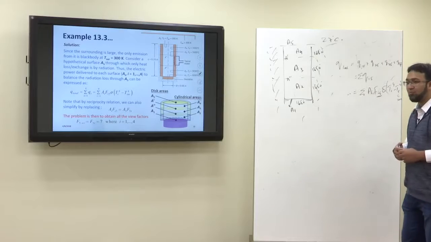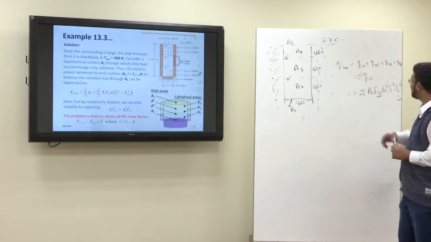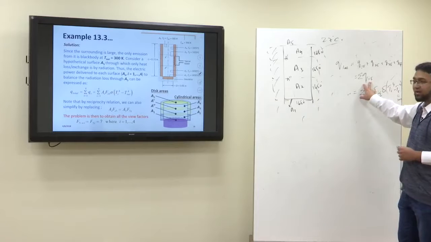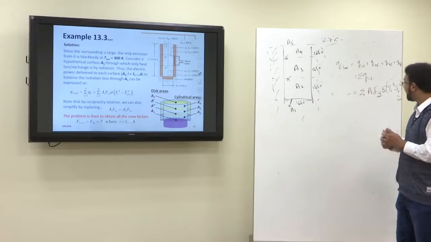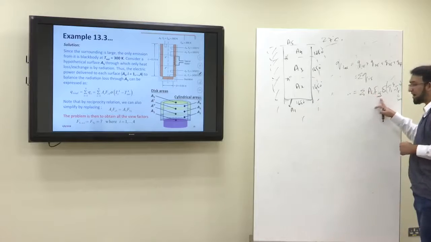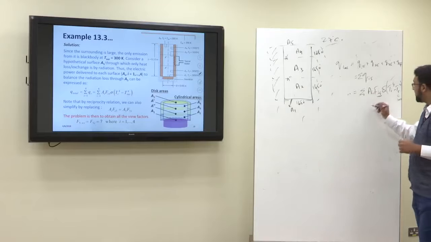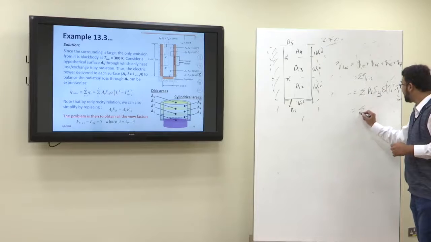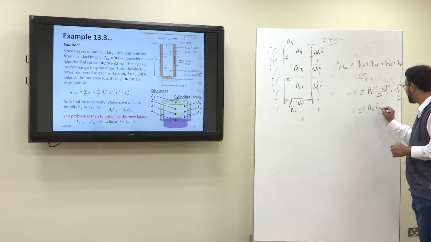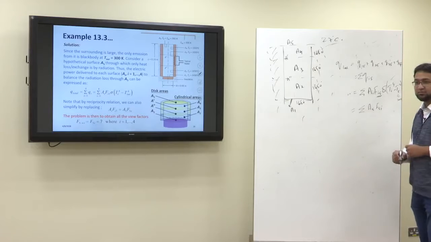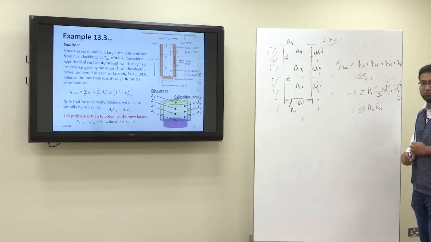Now what I can do is that instead of writing it for Q_i5, I can write it for Q_5i, because you know A_i F_i5 is equal to A_5 F_5i. Reciprocity rule.